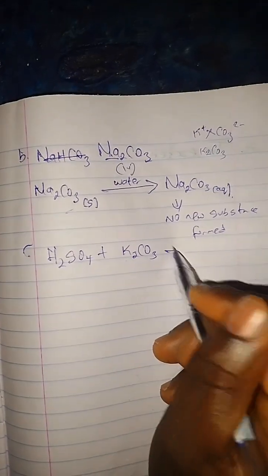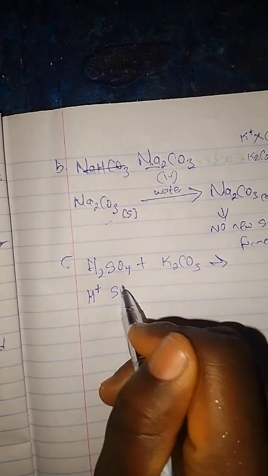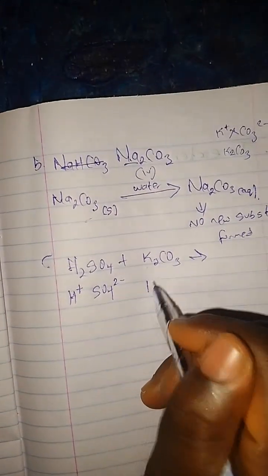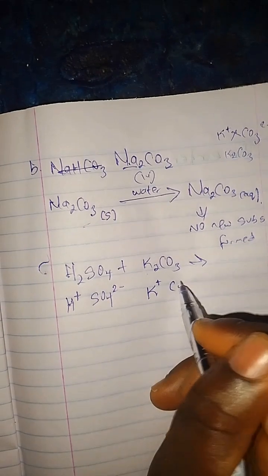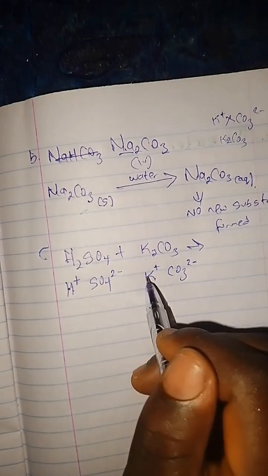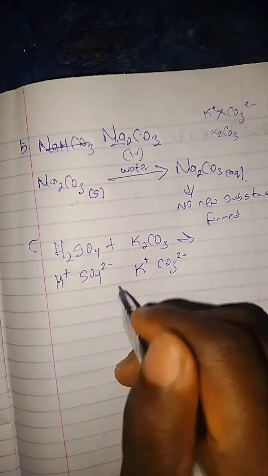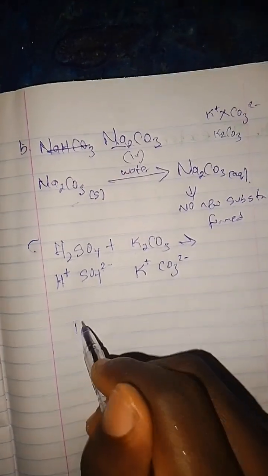Now what are the products that will be formed? Let's bring out the ions. Hydrogen has a plus ion, SO4 has a 2 minus ion, potassium has a plus ion, CO3 has a 2 minus ion. And positive repels positive, but negative and positive attract. So we're having something like KSO4.